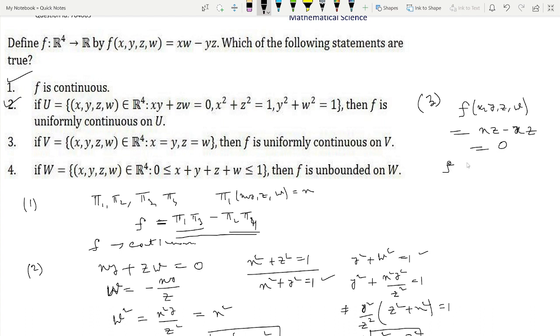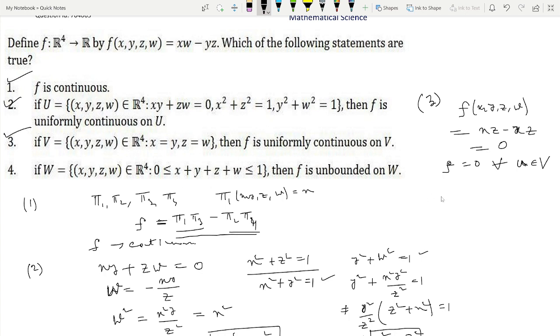So f is equal to 0 for all x, y, z, w, say for all u in R4 belonging to this V. We should not write it as a member of R4 when using x, y, z, w as real numbers. So f is constant on this domain V, so clearly f is uniformly continuous there, as we did in option 2. So option 3 is the correct option.